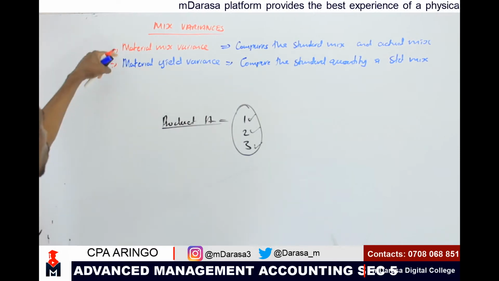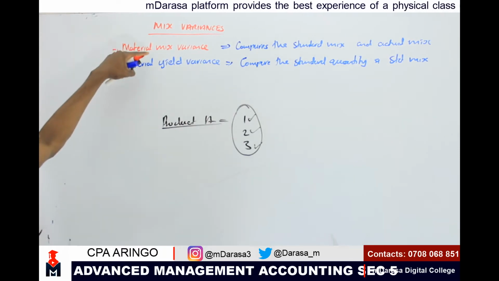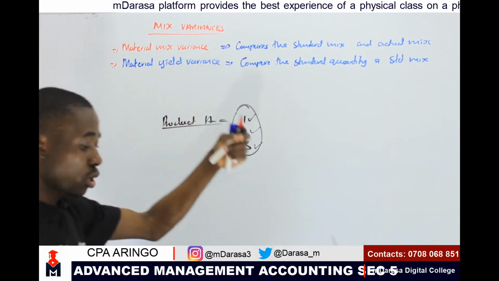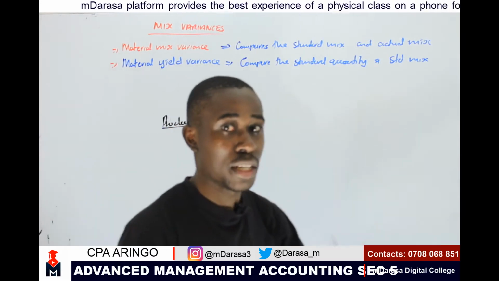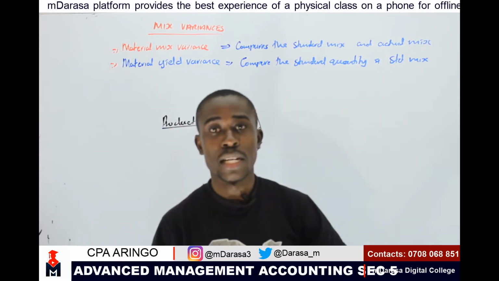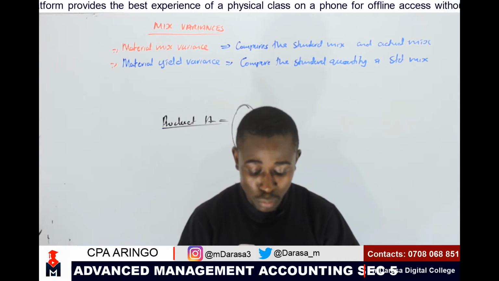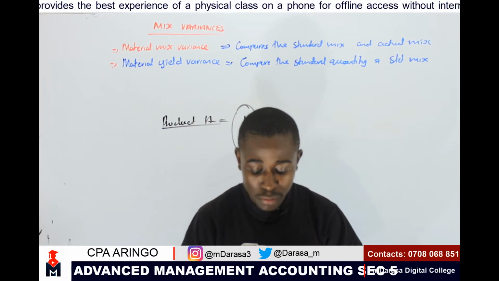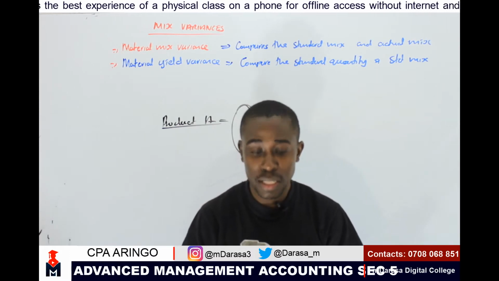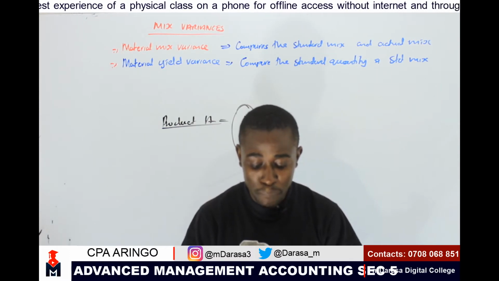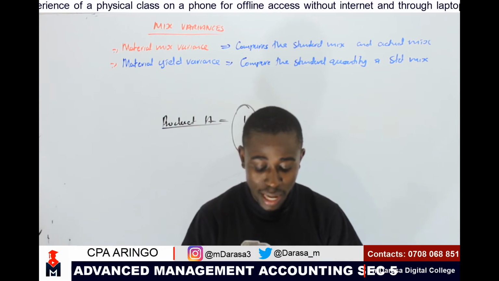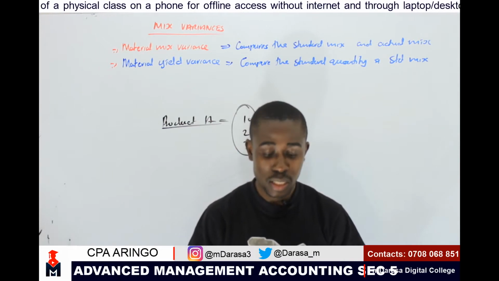The two variances, mix and yield variances, are going to be broken down from material usage variance. And I believe we had talked of material usage variance. Another dash, we also mentioned that material mix variance compares the standard mix and the actual mix of the material used.